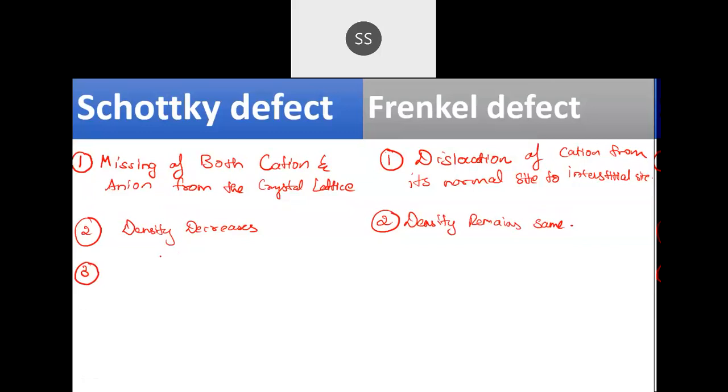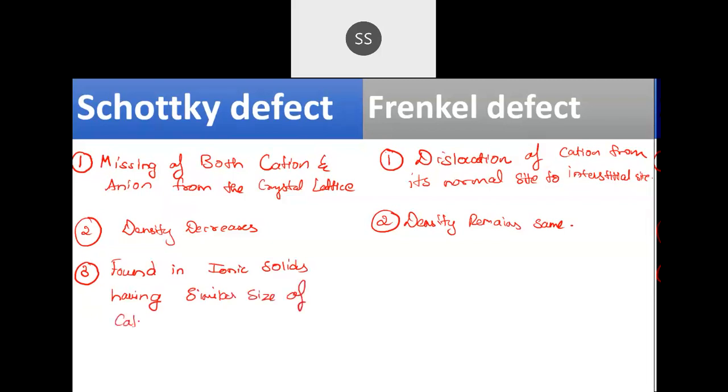Then the third point: you can talk about the size of the cation and anion. Very good. Schottky defect is found in ionic solids having similar size of cation and anion.